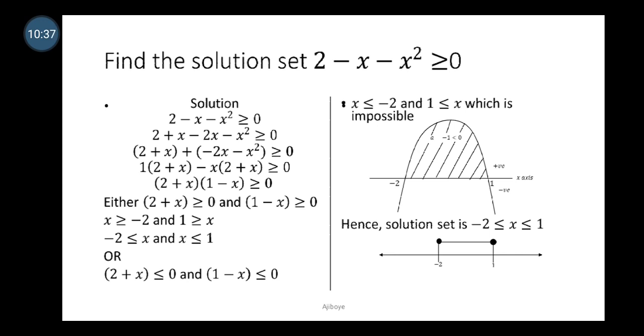That is, the graph will be positive above the x-axis and will be negative below the x-axis. So the region where the graph is positive is between -2 and 1. Hence, the solution set is -2 less than or equals to x and is less than or equals to 1. And if we display that on a number line, we have that.